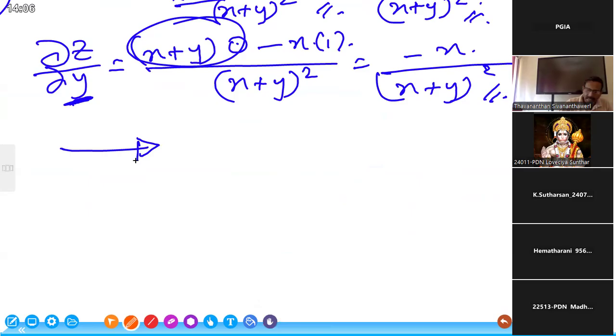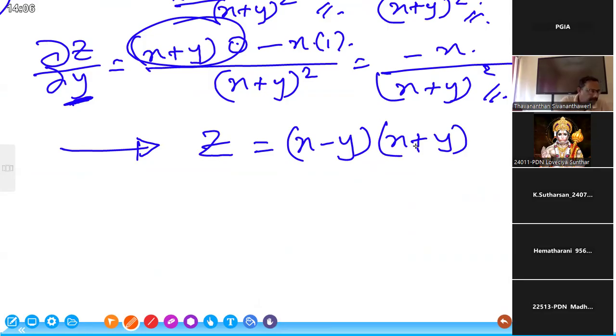Again, z is equal to (x minus y) into (x plus y). You can do it taking this as u, this as v. That is one possible way. Or you can multiply this; that is also possible. If you multiply, this becomes x squared minus y squared. So that is also easy.